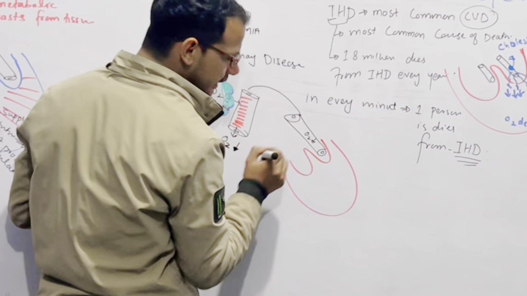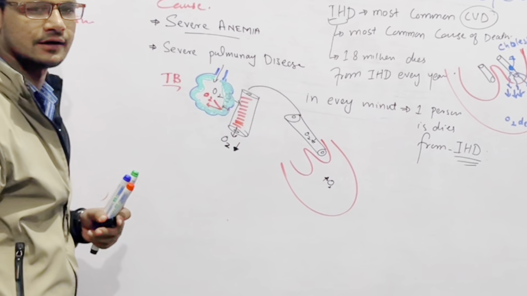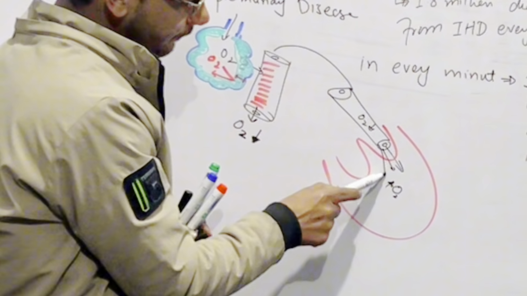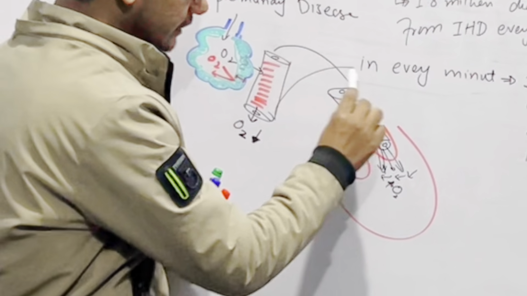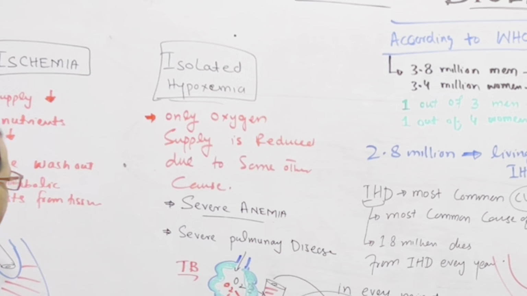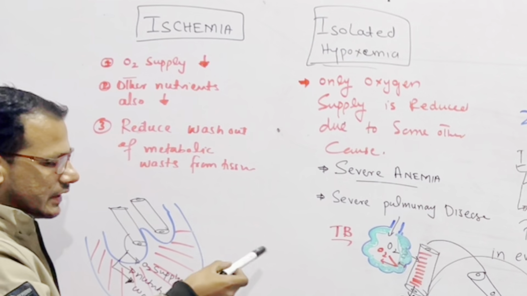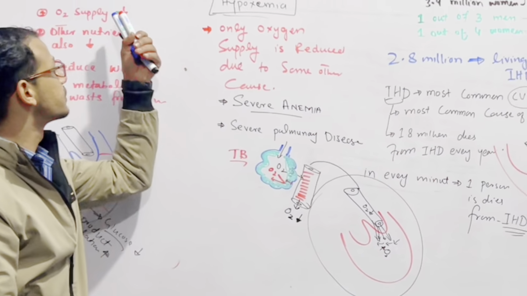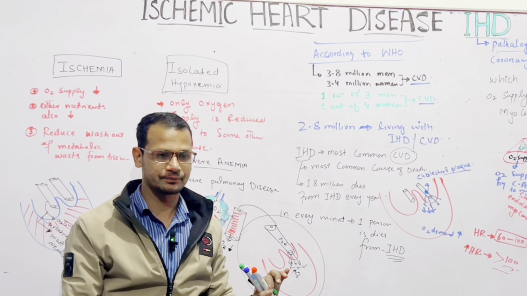Here also oxygen is reduced, and the heart requires more oxygen, right? So oxygen supply is reduced to heart muscles, and this condition is called isolated hypoxemia. And if with reduced oxygen, the metabolic waste increases and the nutrients decrease to these muscles, then it is called ischemia, and this disease is ischemic heart disease.